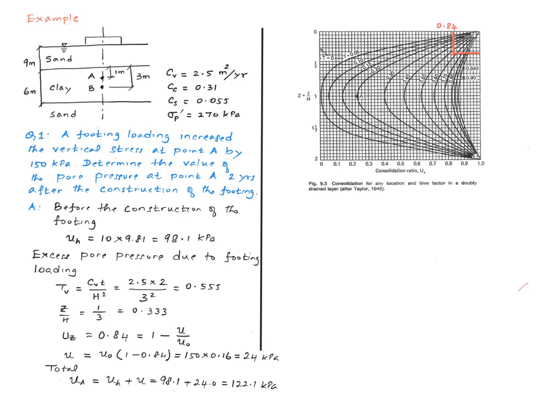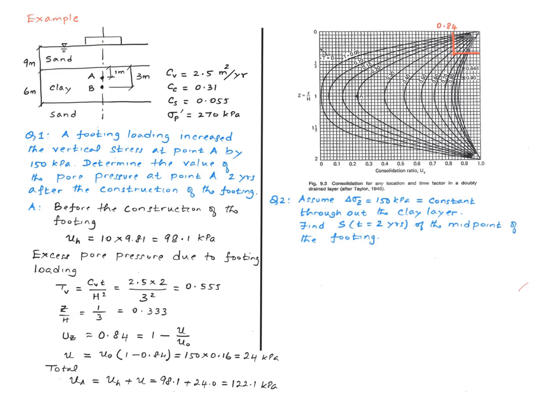You add the two, the hydrostatic pore pressure and the excess pore water pressure, in order to calculate the total pore water pressure at point A at the present time. So that is calculated to be 122.1 kilopascal.